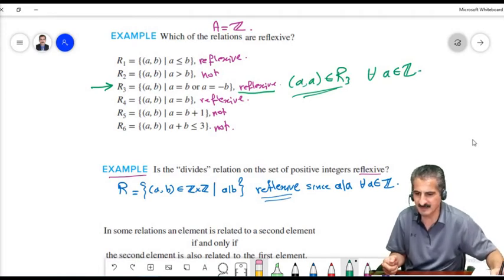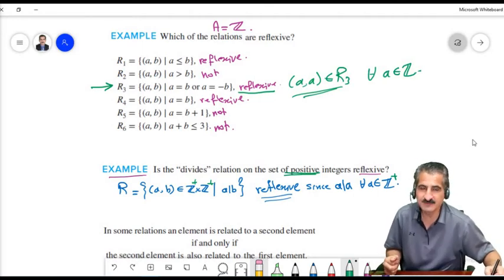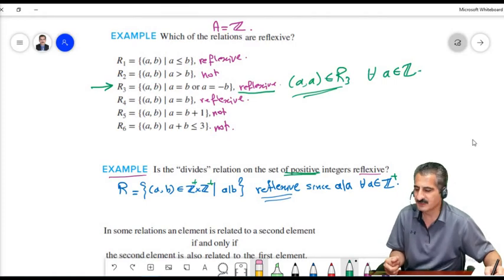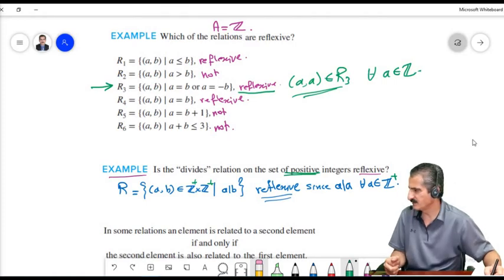And the set here is the positive integers. So I will say Z plus means the set of positive integers. We avoided the 0 here. The 0 is not contained. So this relation will be reflexive in the set of positive integers, avoiding the 0.